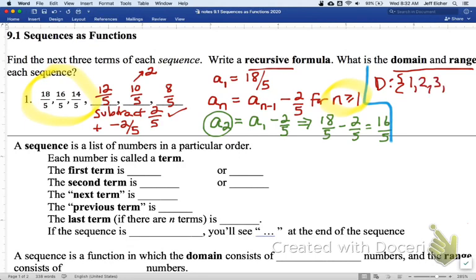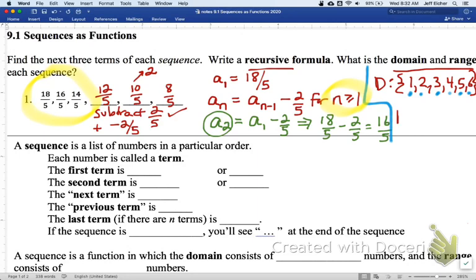Those are the first 3 terms we were given, and then we found the 3 terms after that, so 4, 5, 6. So our domain are the natural numbers from 1 to 6. Again, the domain is basically what position we're on, so the first, the second, the third, the fourth, the fifth number, the sixth number.